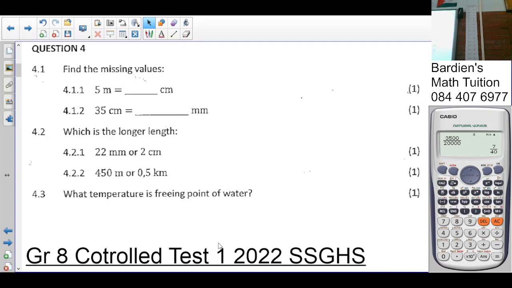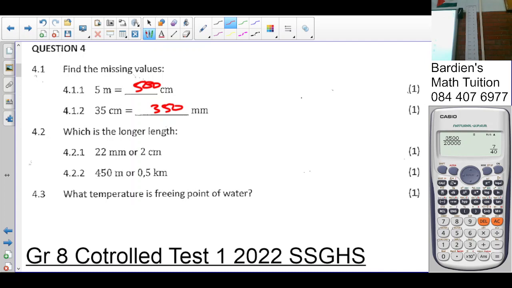Right, people, we are told, find the missing value. 5 meters to centimeters. How many centimeters are in a meter? 100. So it's going to be 500 centimeters. 35 centimeters to millimeters. How many millimeters in a centimeter? 10. There's 350 millimeters. Which is a longer length? So what we need to do first is convert both to the same SI unit.